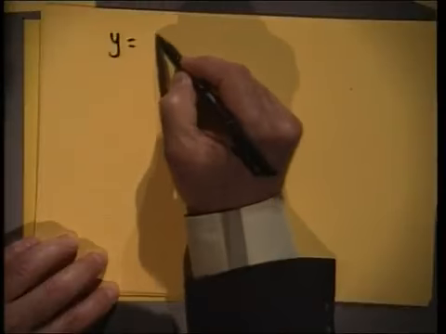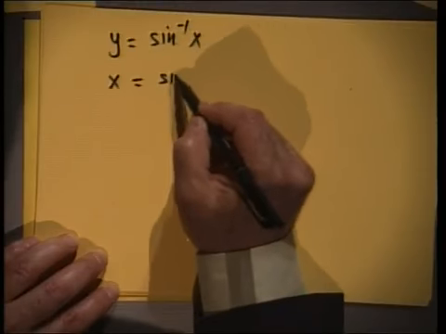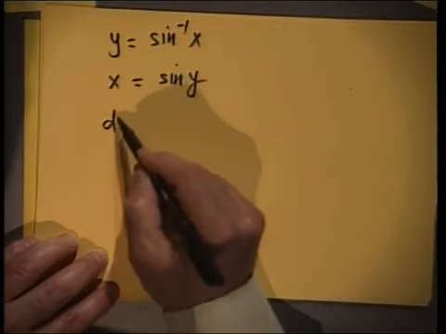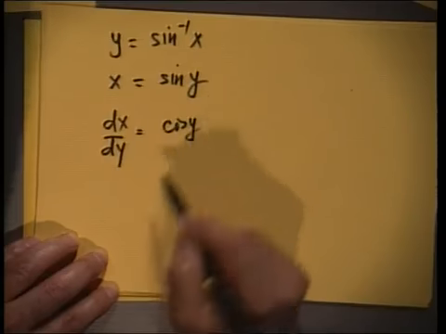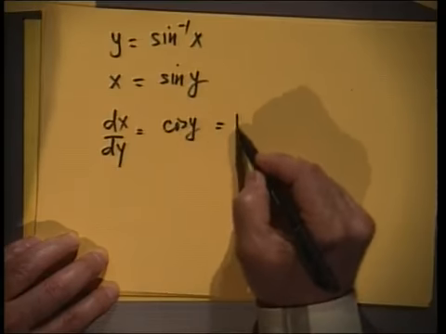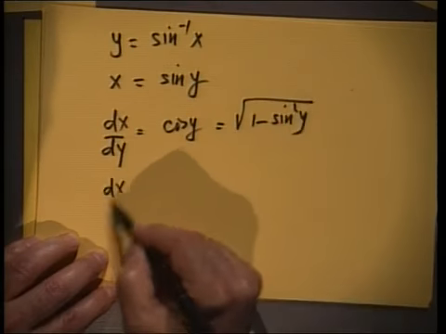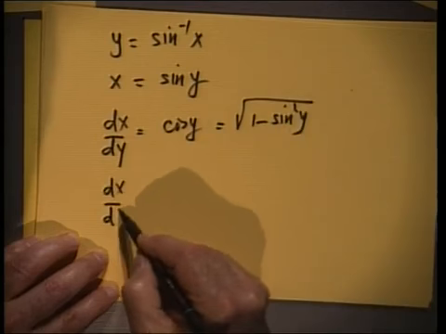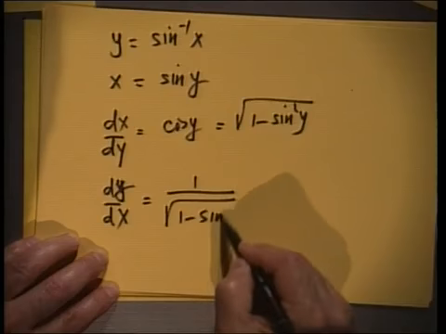Of course, you can do it otherwise. You can write y equal to sin⁻¹x, and then get x equal to sin y. Then you get the derivative dx/dy in the form of cosine y, and then you write this as the square root of 1 minus sin² y. And again dy/dx is equal to 1 over the square root of 1 minus sin² y.